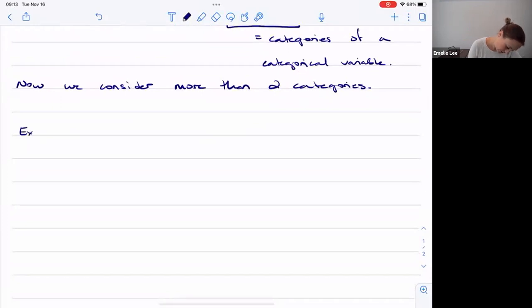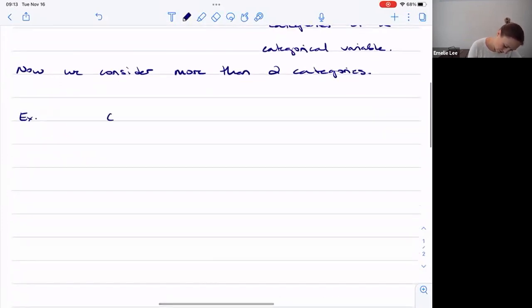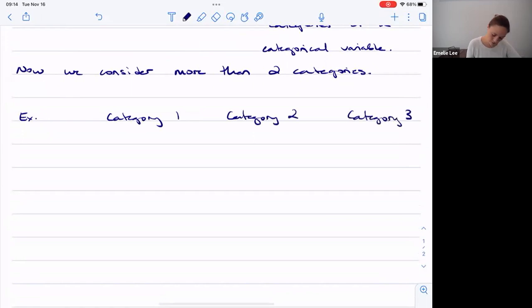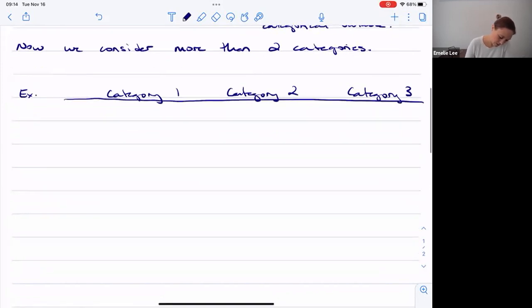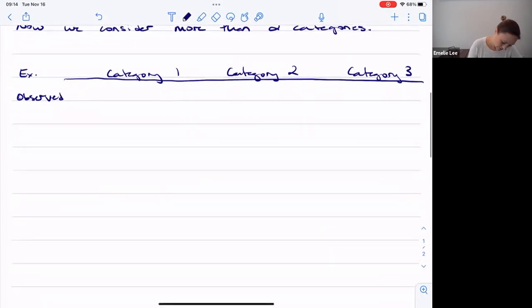So for example, if I have category 1, category 2, and category 3, I have some observed count. Oops, that doesn't look like observed. Observed count. And then we're also going to have some expected count.